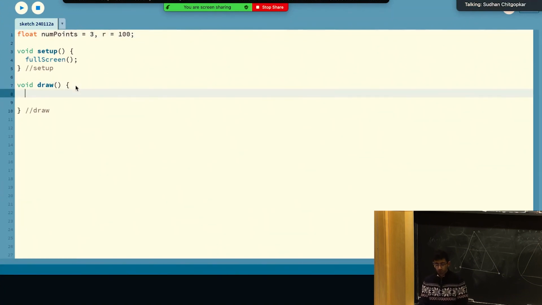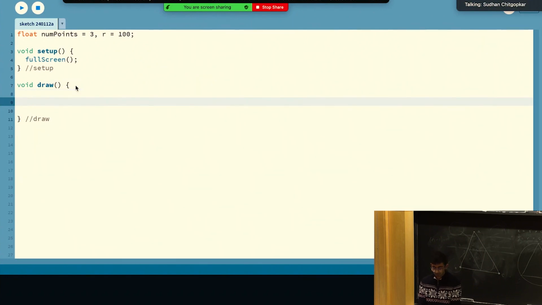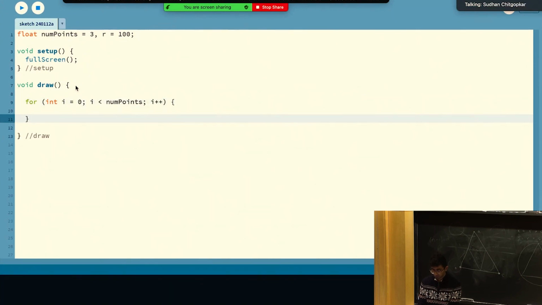And so if we want a polygon with 3 sides, then I think all that we need to do, and again, this is really pulling from the code that we wrote last lecture, we want to generate a point for i between 0 and the number of points. So for every single point, we need to figure out its location and plot it.